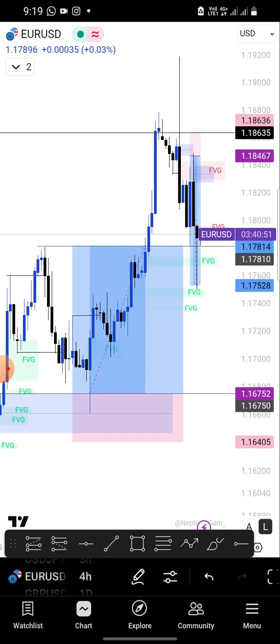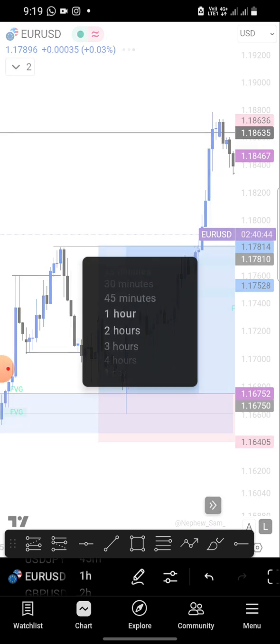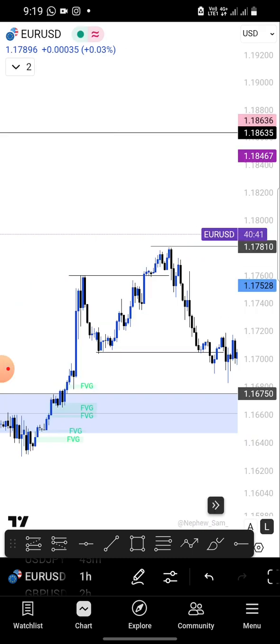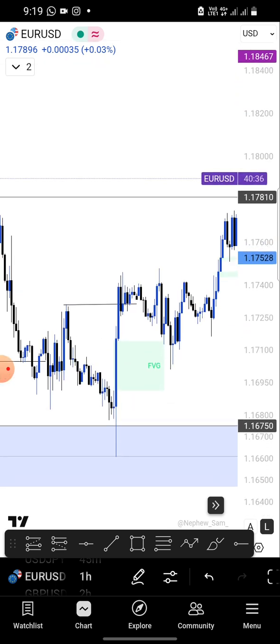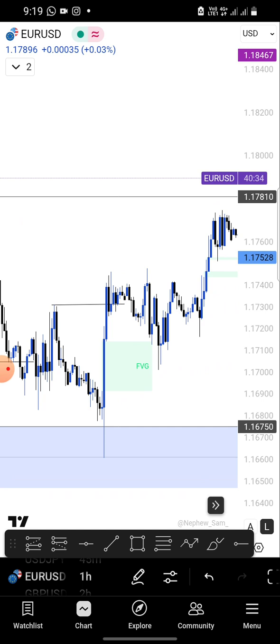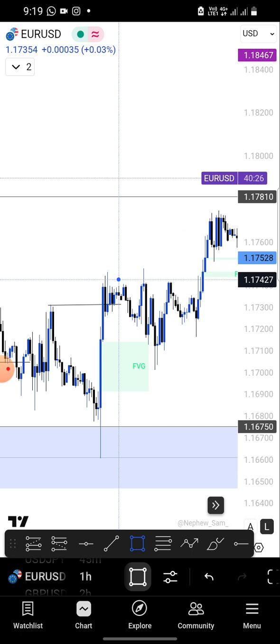I saw this break. After that break, I had to drop down to the 1-hour time frame to reframe and get my entry. So I dropped to the 1-hour time frame, and this was also an expansion. So I had to take my trade from a breaker block. Looking carefully, I saw this first breaker, the first one close to inducement.